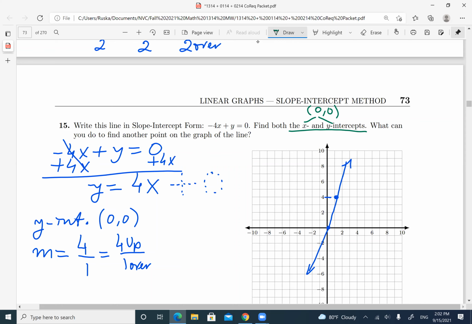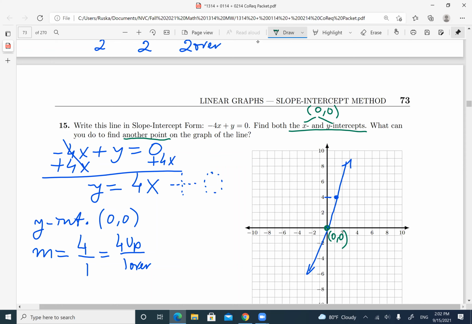So x-intercept is 0, 0, y-intercept is 0, 0. So I have only 1 point here, if you use the x-intercept and the y-intercept method. So in this case, we need another point, because with 1 point, you can't graph a line, you need another point.